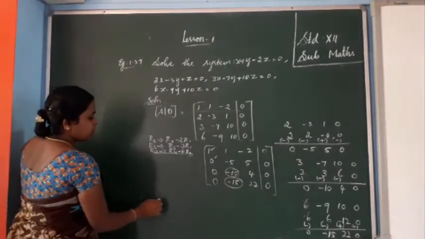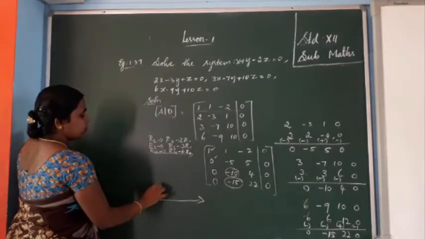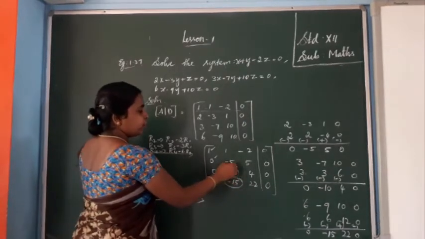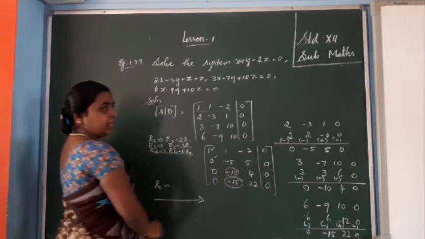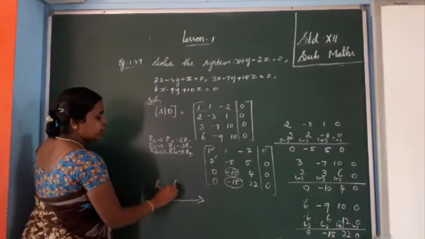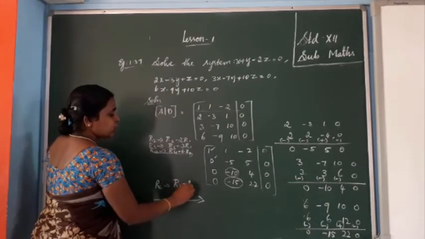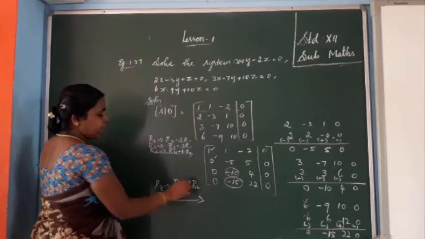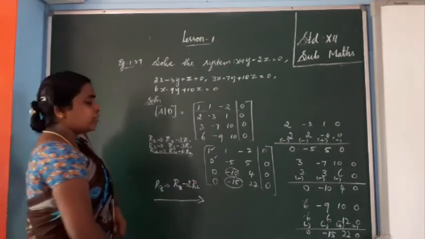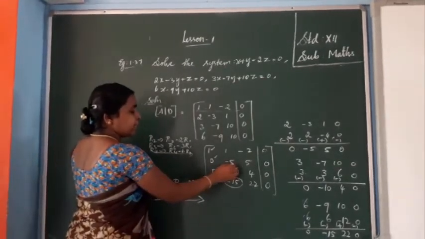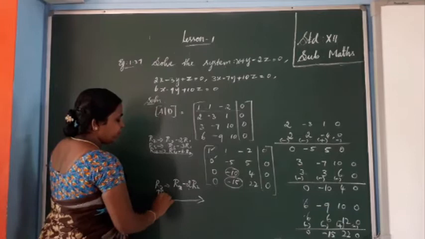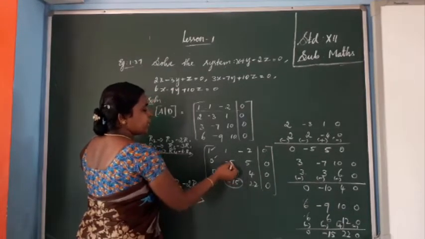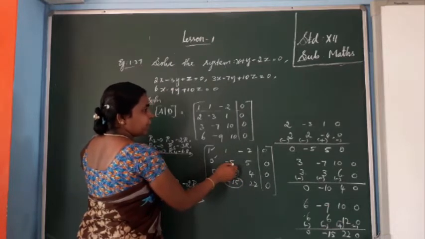R3 becomes R3 minus 2R2, and similarly R4 becomes R4 minus 3R2, since multiplying by 3 makes 5 become 15, isn't it?